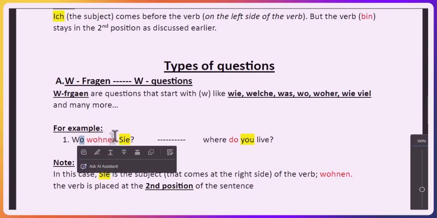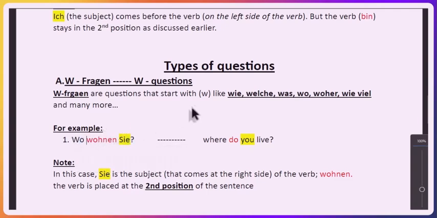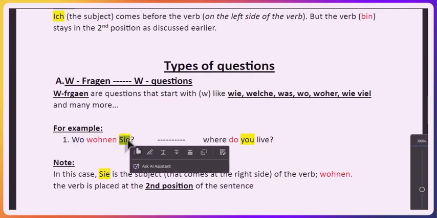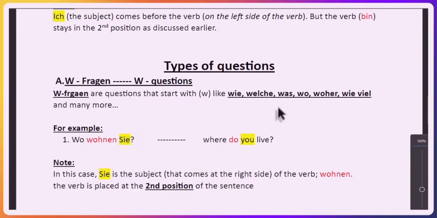There's no way a subject can come in between. The common rule is that subjects either come before the verb or after the verb. Conjugations are very important.